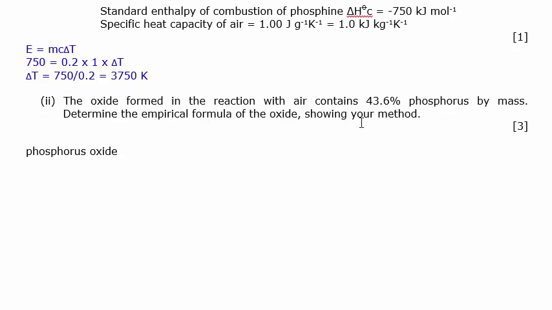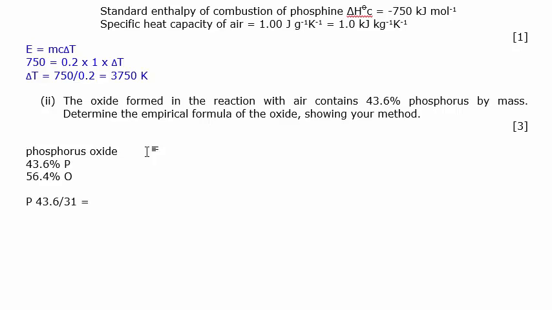formed in the reaction, contains 43.6% phosphorus. Well, the rest is oxygen, so it must be 56.4% oxygen. How do we work out the empirical formula? We must divide each one by its own relative mass. So for phosphorus, 43.6 divided by the relative mass of phosphorus, which is about 31.